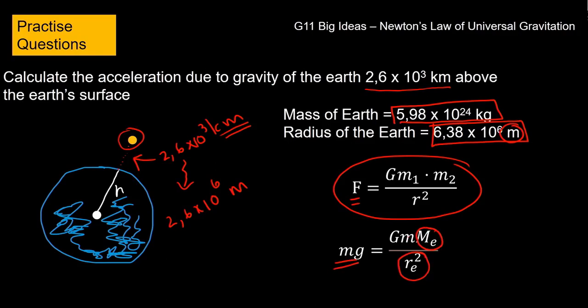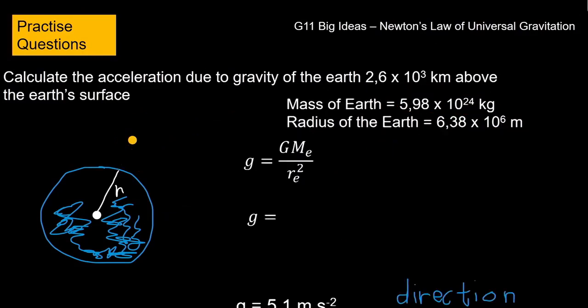Now, there is no mass for this point. It's just saying what will the gravitational pull be on the Earth, from the Earth at that particular point. So we really don't need to put this mass in. Okay? We don't need it. It's not what we need to use.